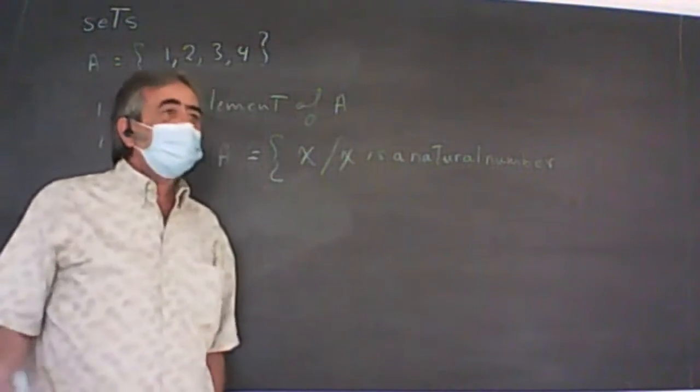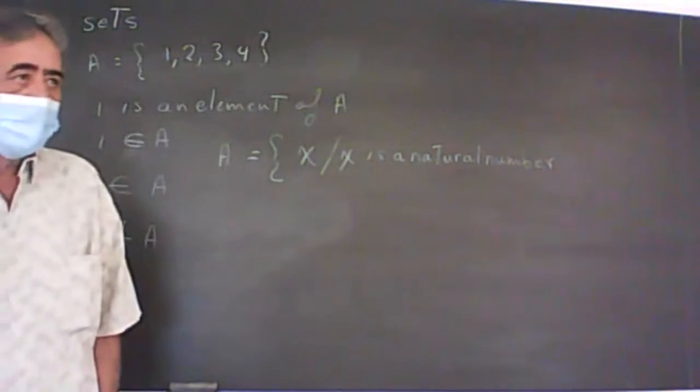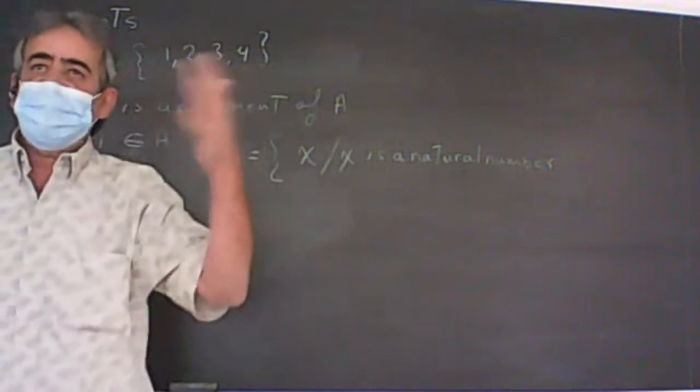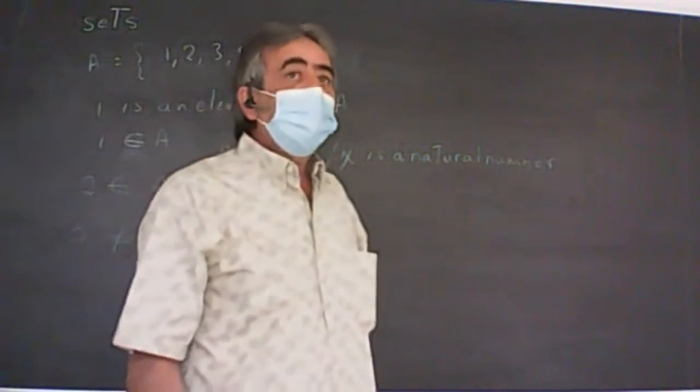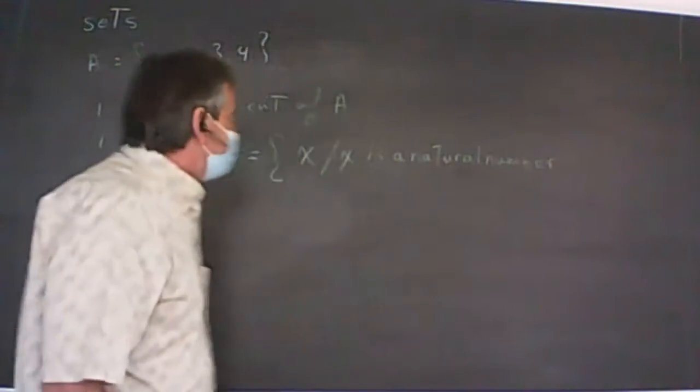X is some natural numbers, say 1, 2, 3, 4, 5, 6, 7, but we have a whole lot of natural numbers. We can limit those natural numbers.